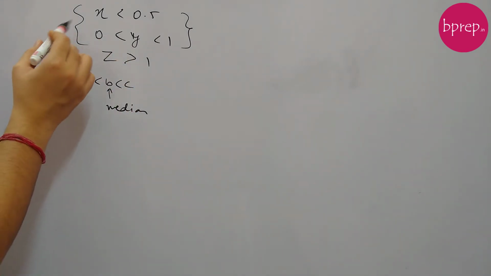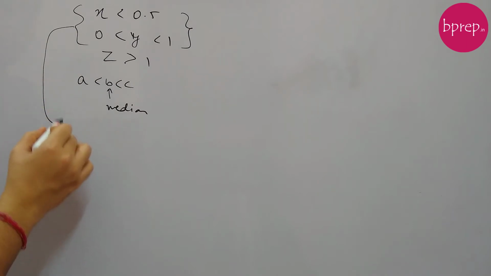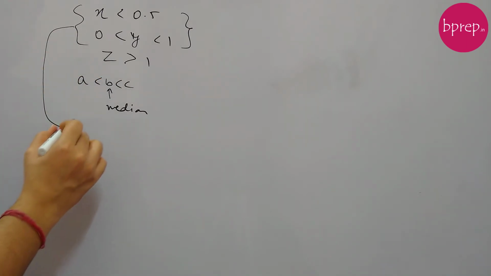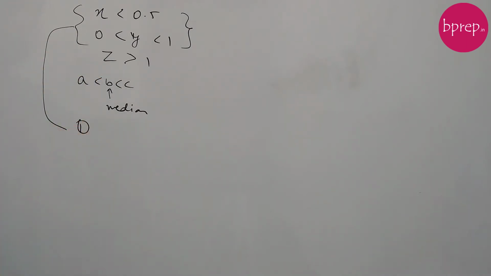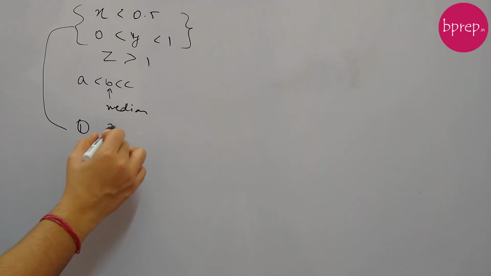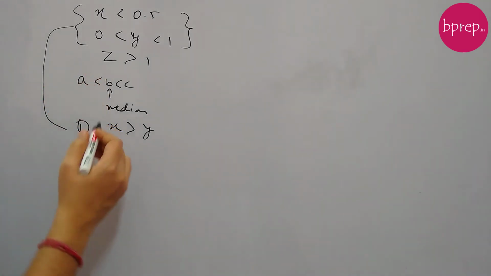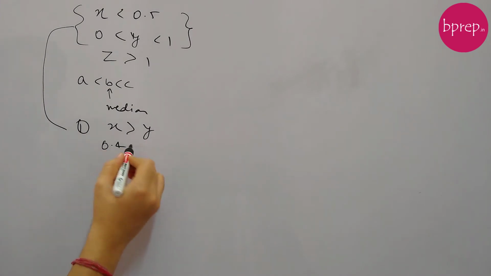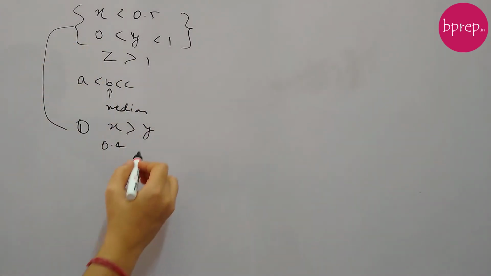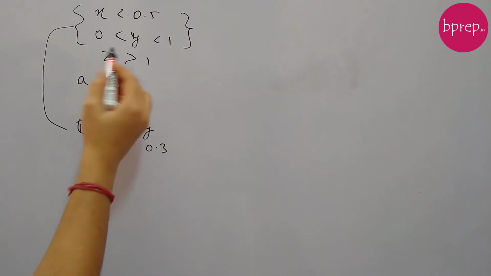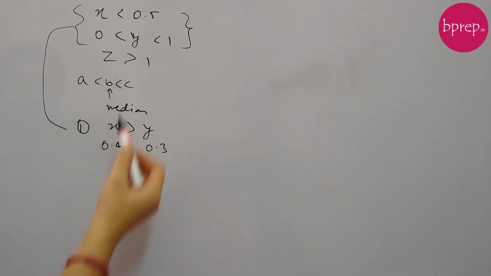So x and y can overlap and z is very clear, it's always at least 1. Based on the values of x and y, we can have two conditions. The first condition is x greater than y, so let's say x is 0.4 and y is 0.3 or something. Both of these lie in their given range.